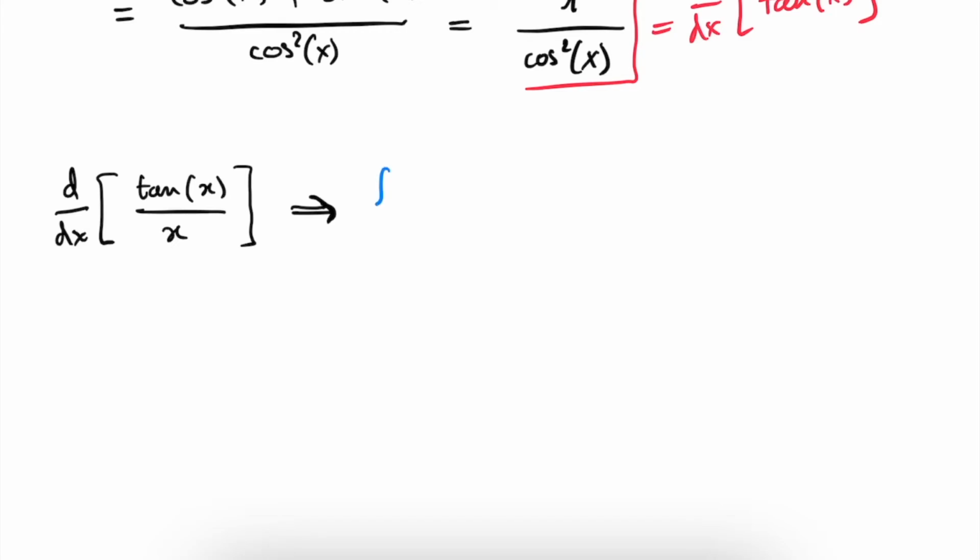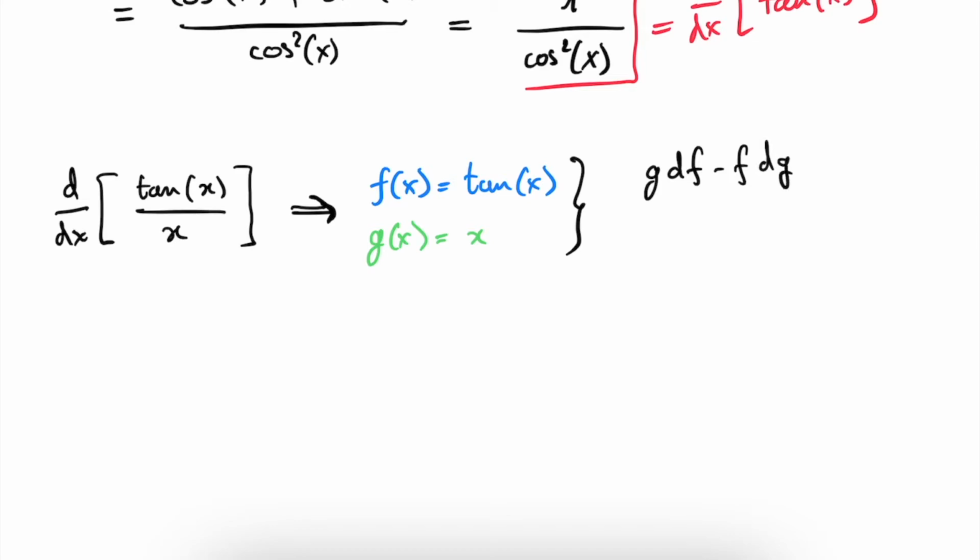As always, we start by identifying our two functions, and f of x in this case is the tangent of x. And g of x, our function in the denominator, is in this case simply x. And again, then we can use this as g df minus f dg divided by g squared. And let's just fill this in.